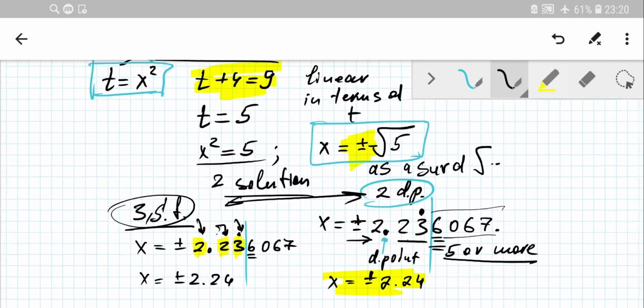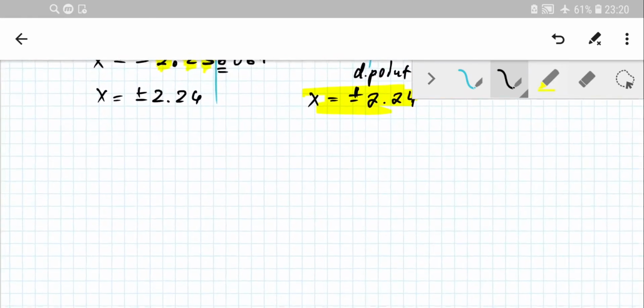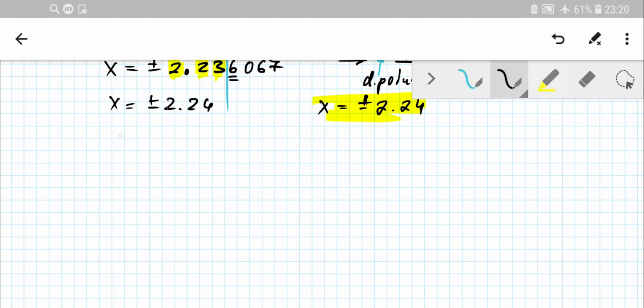But there might be more complicated quadratics. So for example, let's say x squared plus 3x equals 0. What do you do in this case? Simply, you need to know how to factorize.